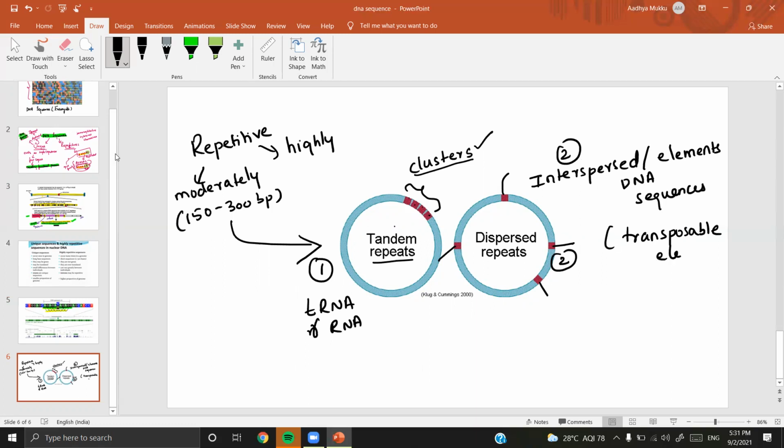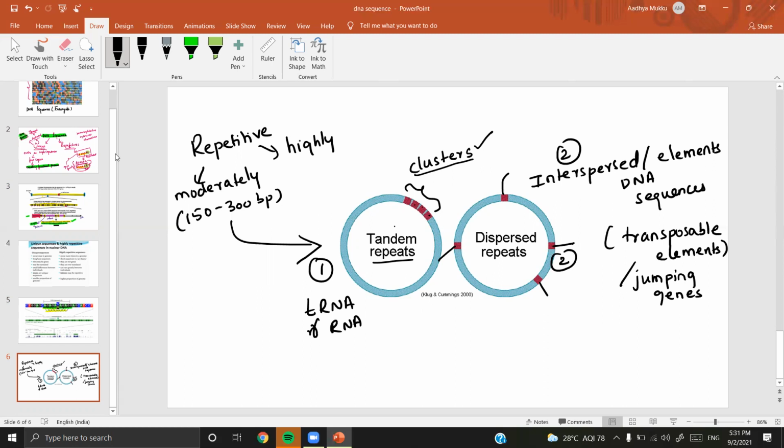These are the genes called jumping genes, which will either be copied and pasted to another section of the genome, or cut from the area and pasted to another section of your genome. That's the reason we call these transposable elements jumping genes. Either they will be copied and pasted or cut and pasted.